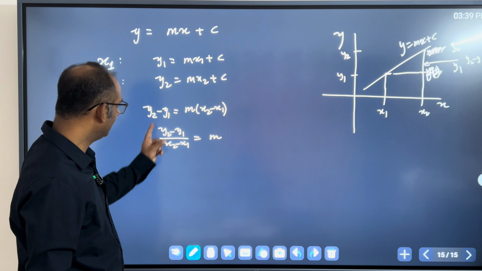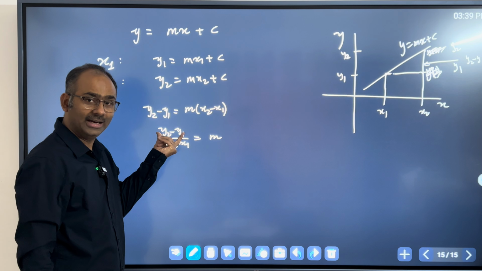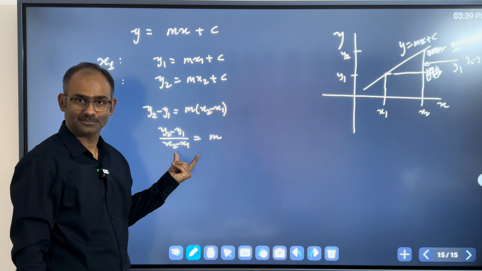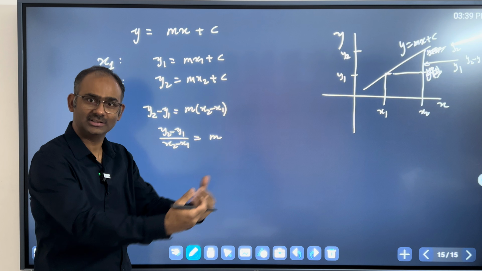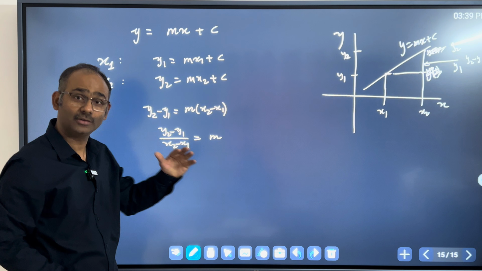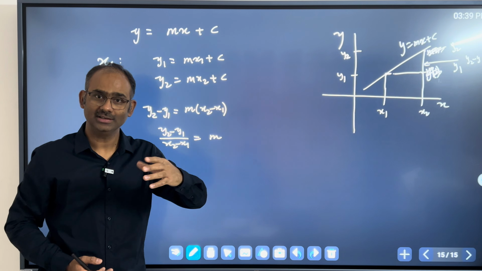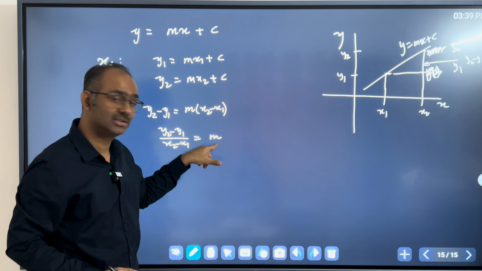What is the left hand side? The left hand side is the change in height per unit displacement. You take the distance x2 minus x1 and divide by it, so it's per unit. So the rate of change of height, or rate of change of the value of the function per unit change in the value of x, is a constant.